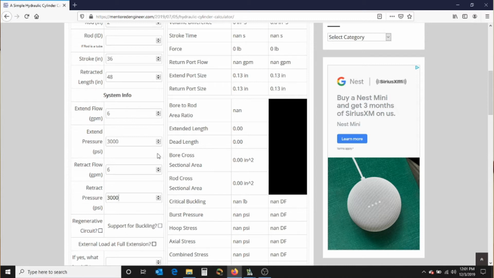Okay, then I got some cool options here. The first is a regenerative circuit. A regenerative circuit is when you put oil into the base of the cylinder and you also pressurize the rod side. Now, most people think that this probably does nothing, but what actually happens is you have the rod diameter that's different on one side or the other.